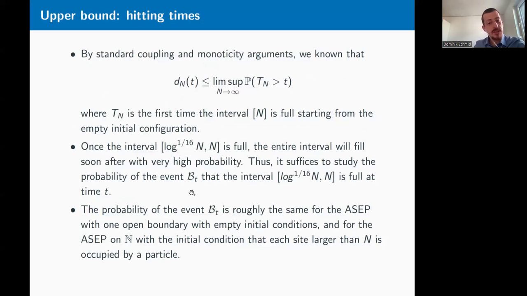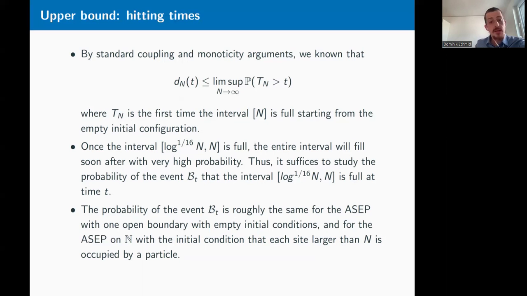For the upper bound, it starts off similarly, but then takes a slight twist. Again, we can show that starting from the empty initial condition, it's enough to wait until your entire interval is full. It's not a difficult argument to make rigorous that if you start from the empty initial condition, your distance from the stationary distribution is bounded by the probability of Tn being larger than t, where Tn is the first time that the interval is fully packed.